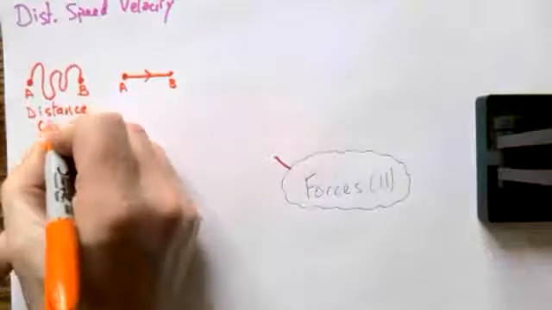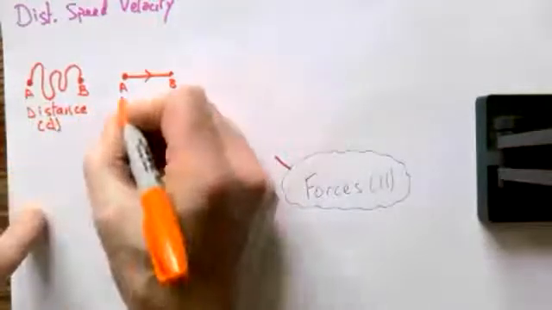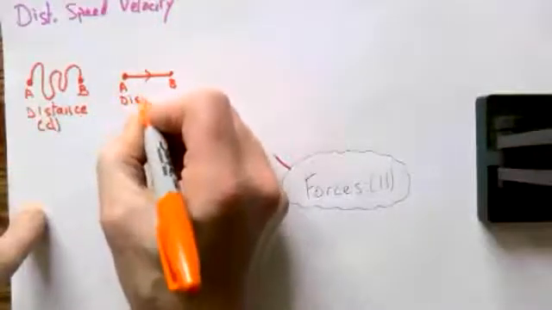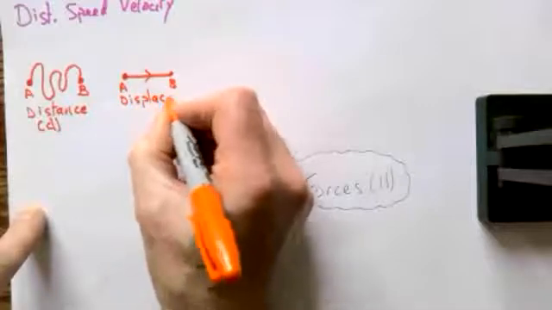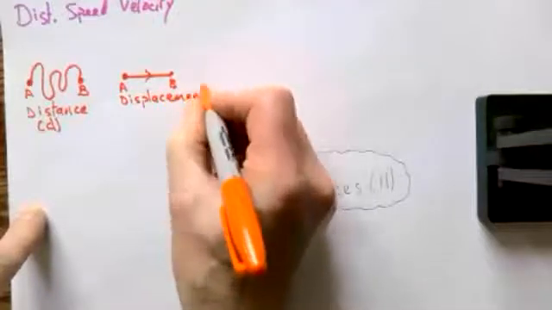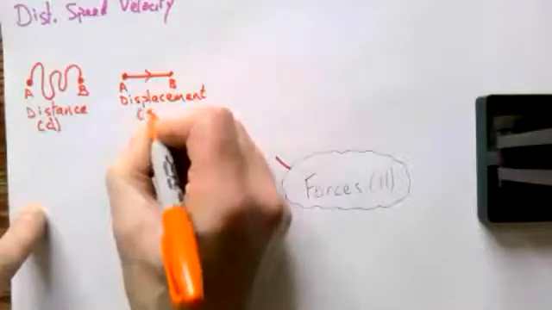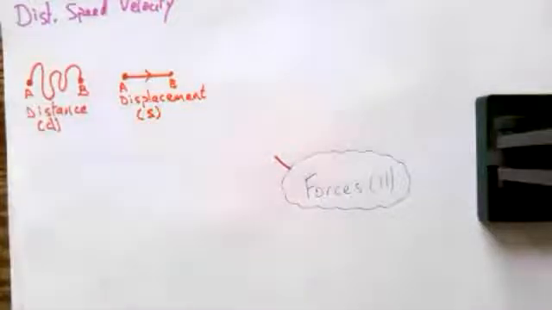and the symbol being a lowercase d, and this one is displacement. And the symbol for displacement is S. Okay, because the D is used for distance, so we can't use that one again.